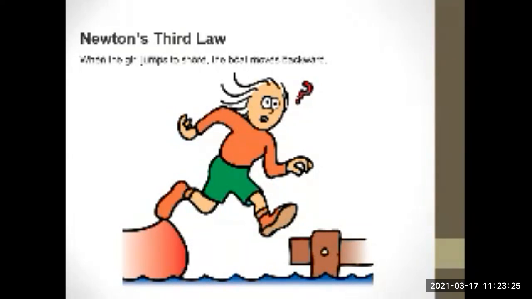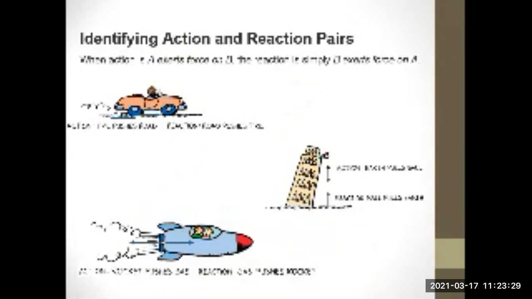Now see, identify action and reaction pairs. See the first example, students. When A exerts force on B, the reaction is simply B exerts force on A. See, a person is driving a car. In this, what will be the action, students? Tire pushes the road. This is action.